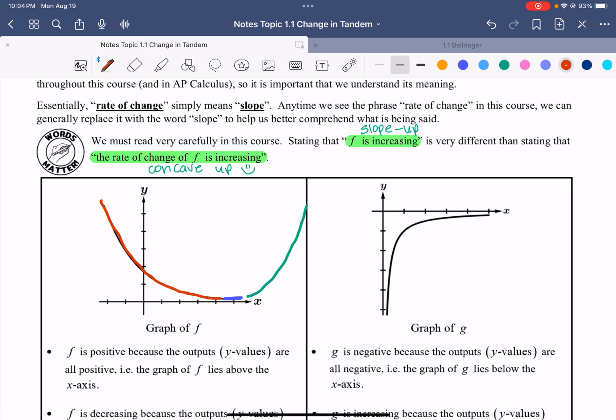So they're not always increasing, but for example, we can say that this slope, and remember from algebra, slope is generally represented by the letter m, let's say this slope is -5. Let's say this slope is -4. Let's say this one is -2. Let's say this slope is -1.